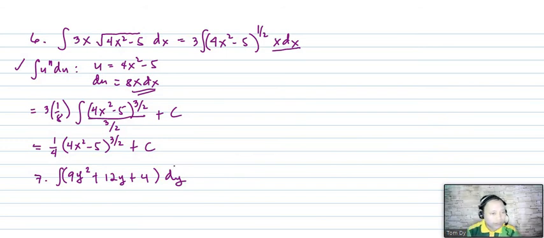Okay, we have this one, no? Or we can make use of, let's say the exponent is 3 over 2. 3 over 2. That is our exponent.